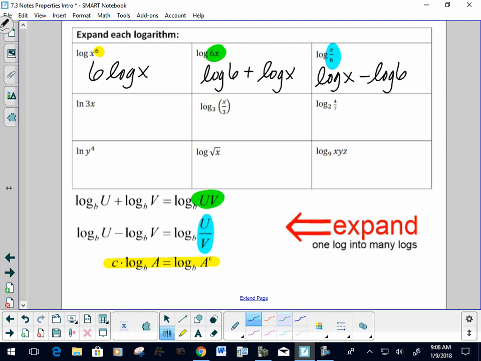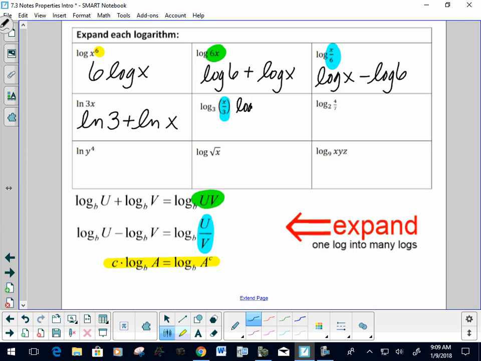The natural log of 3x is a product, so we would expand this to the natural log of 3 plus the natural log of x. This next one is a quotient. We're going to use that quotient rule. So we're going to expand it using subtraction.